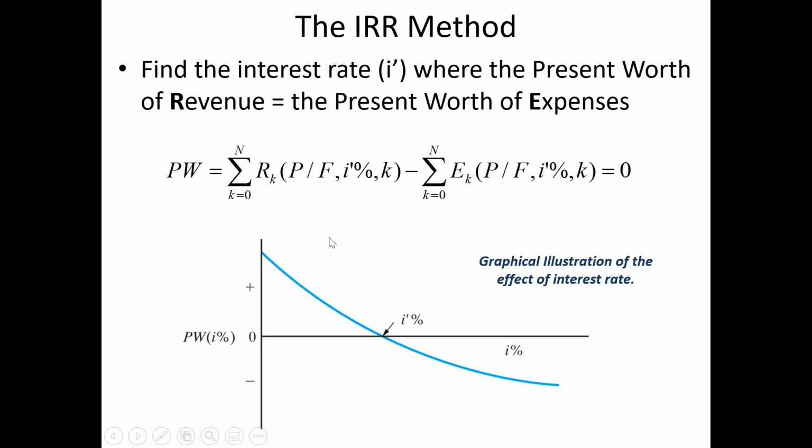When we used the lower interest rate, we were in positive territory because those future amounts were being discounted less aggressively. There is some interest rate between them where there's a crossover point. So here's a graphical representation of how when your interest rate is too low, the present worth is positive. When the interest rate is too high, it's negative. We want to find where the interest rate makes it so that the revenue and expenses are equal. The difference is 0.